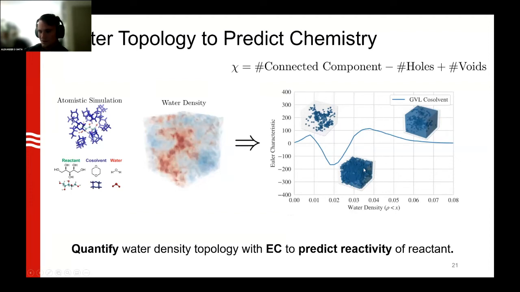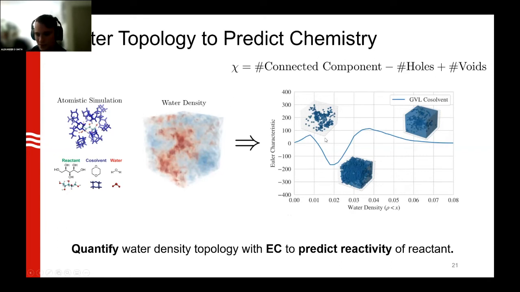Now what happens eventually, as many of you are probably familiar with, is these holes may become encapsulated inside the surface that we're measuring in that structure, and we end up with voids. So voids are another interesting topological characteristic that we consider in the Euler characteristic. And so the Euler characteristic shifts from just connected components minus holes to connected components minus holes plus voids.